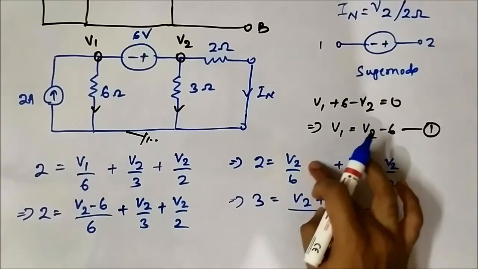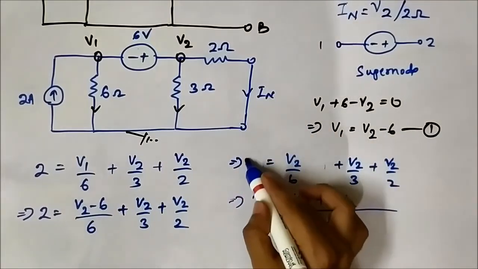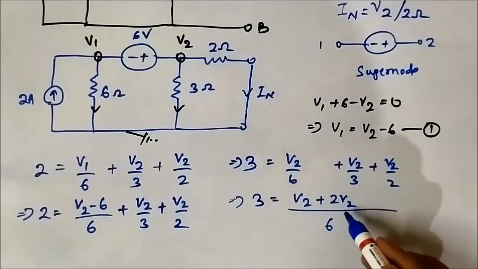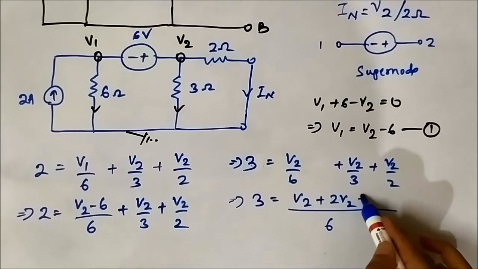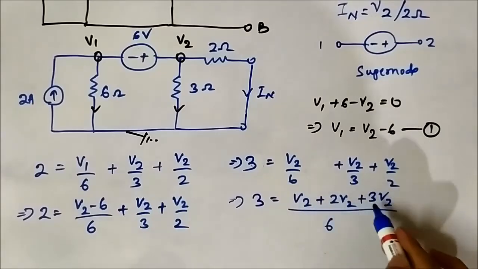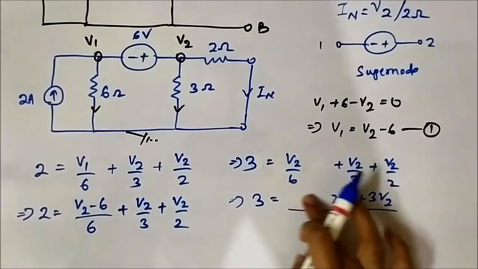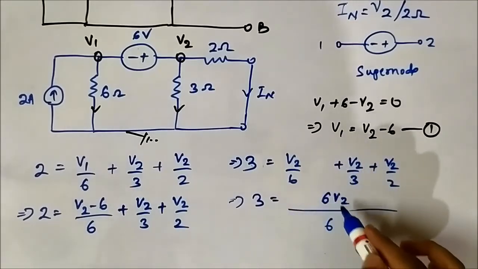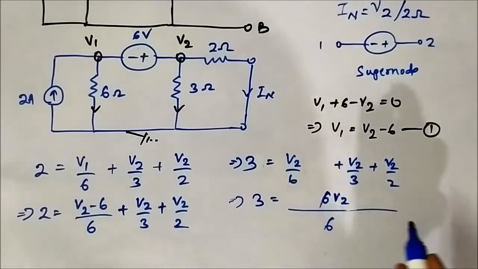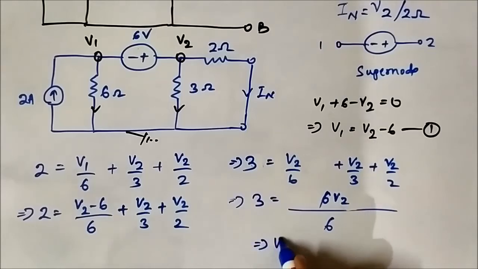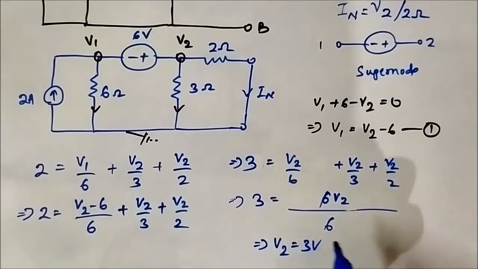So I have taken 1 on this side to get 3. So V2 plus 2 V2 plus 3 V2 is 6 V2. So 6 V2 by 6 is equal to 3. Get cancelled, V2 is equal to 3 volt.